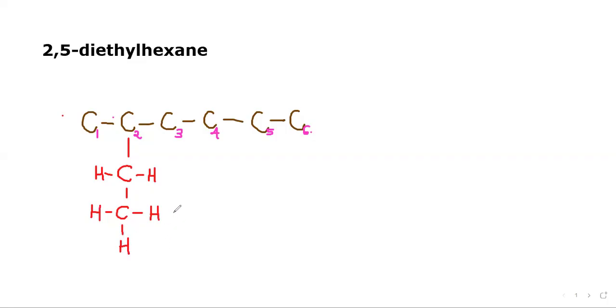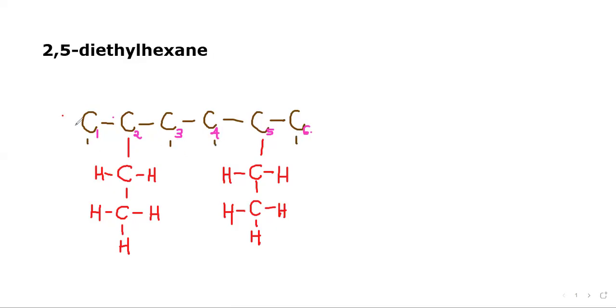And then also on carbon number 5, we're having another ethyl group. So we draw another ethyl group, right? Don't forget that the ethyl group is CH2, CH3. Then you write the number of carbon atoms appearing in that organic compound.